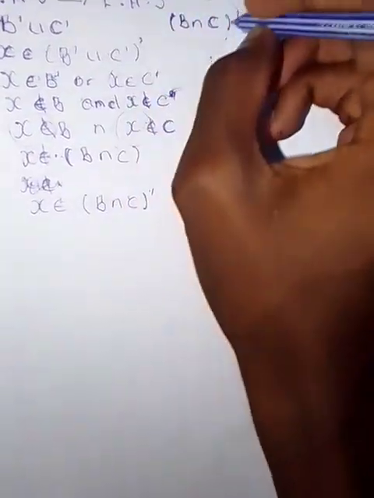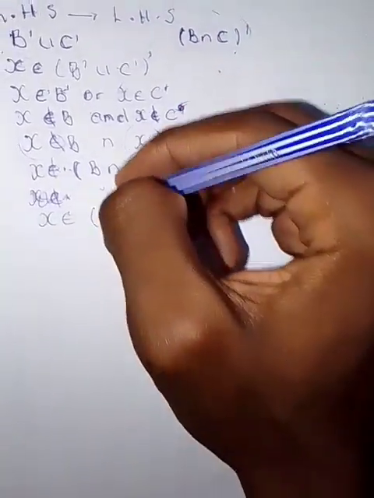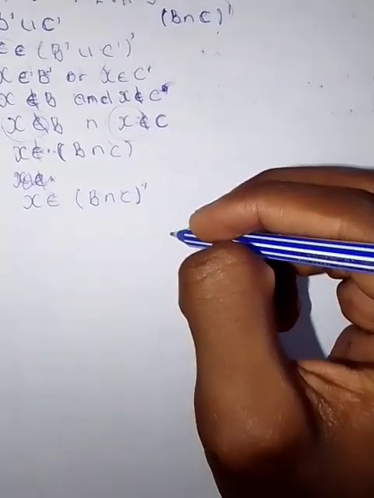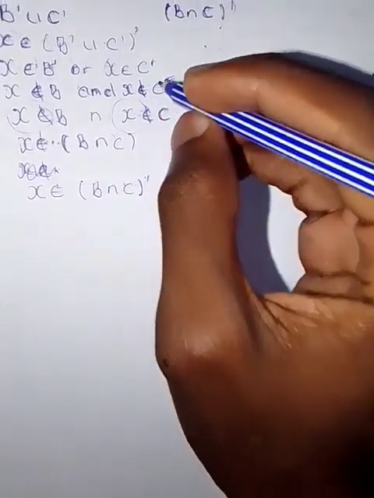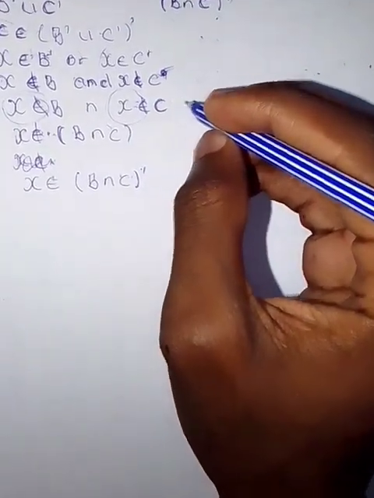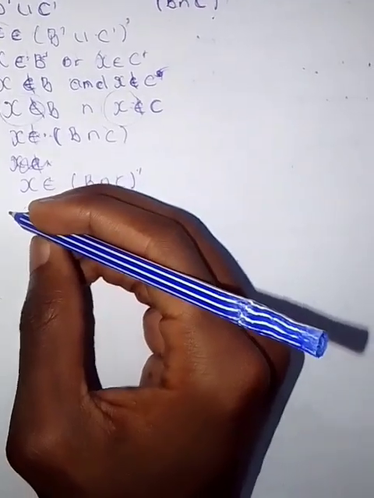By just doing this, we have now earned the full 5 marks, meaning that we have showed that even the right hand side is equal to the left hand side. So you can even conclude.